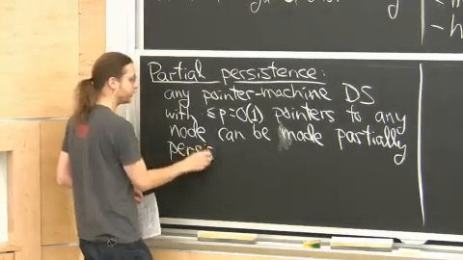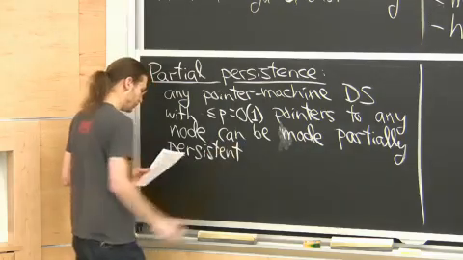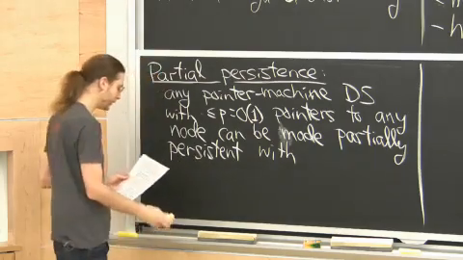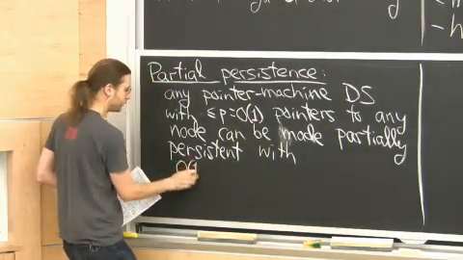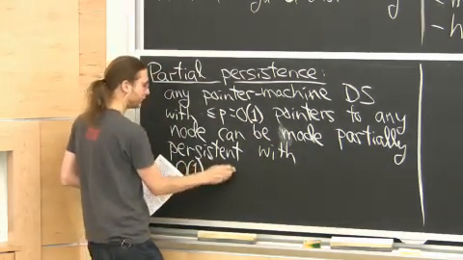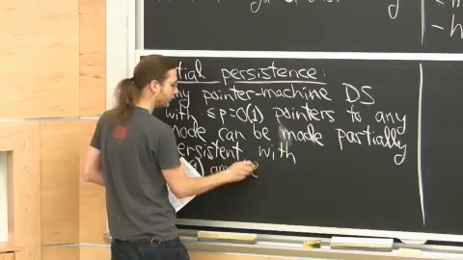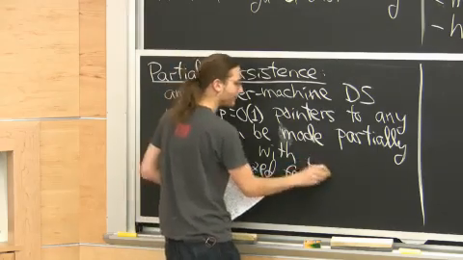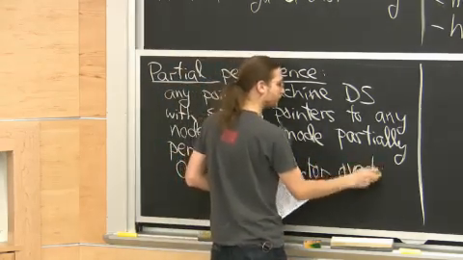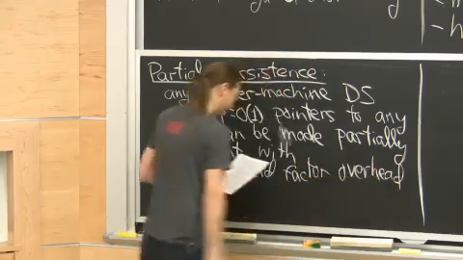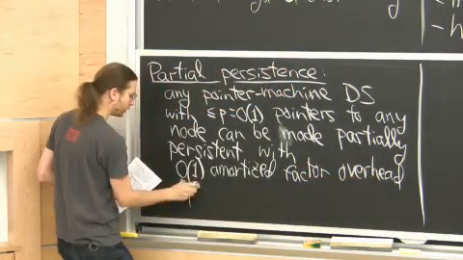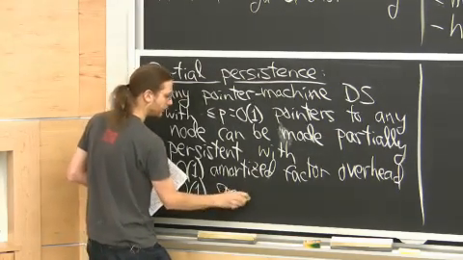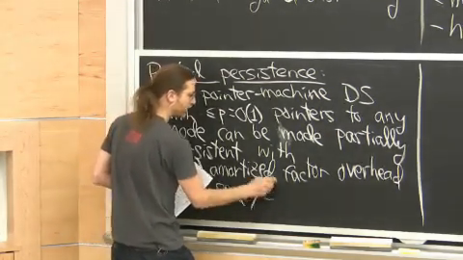partially persistent. You have to pay something, but you have to pay very little. Constant amortized factor overhead, so multiplicative overhead. And constant amount of additive space per change in the data structure.